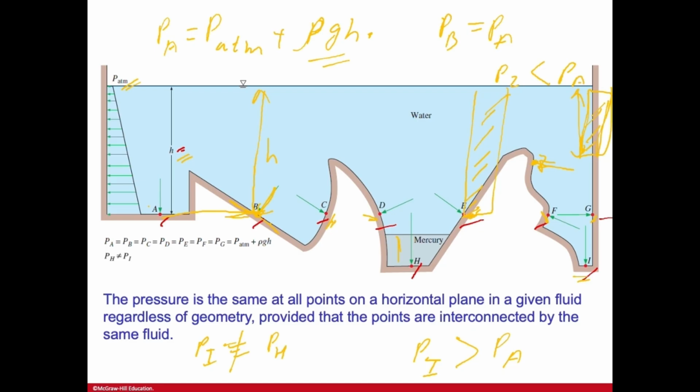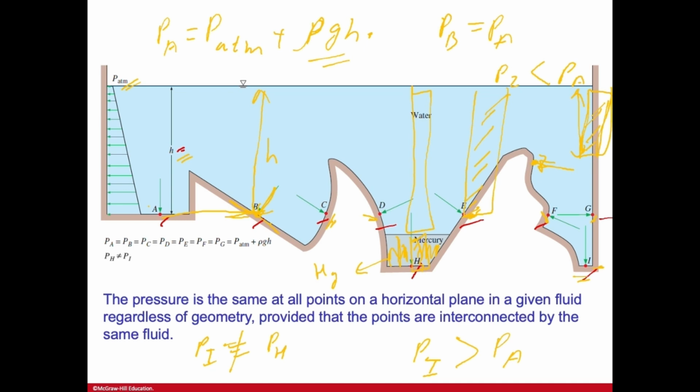Because here you no longer have water. It is a different liquid, which is mercury. So essentially you have the weight of water acting on this column, but here you have mercury acting in this remaining portion, while in the case of I, all the way down you have the same liquid.